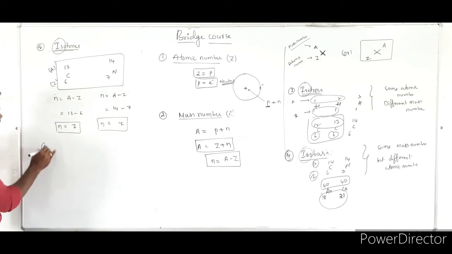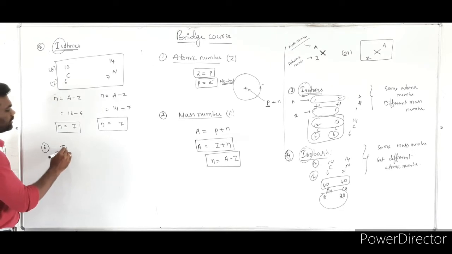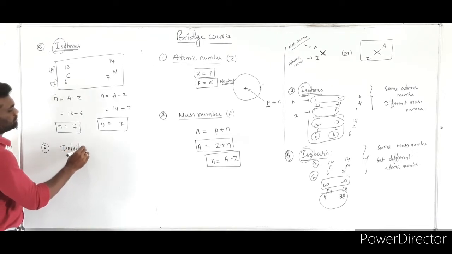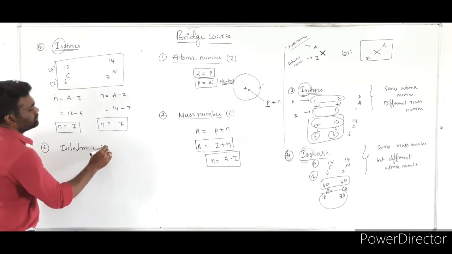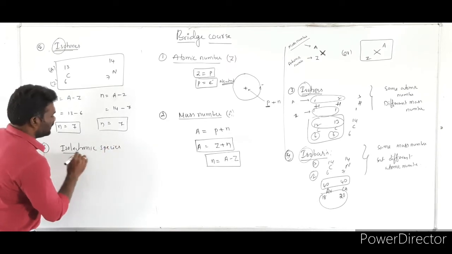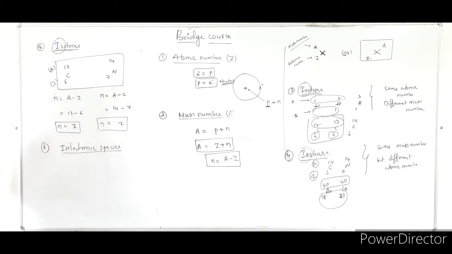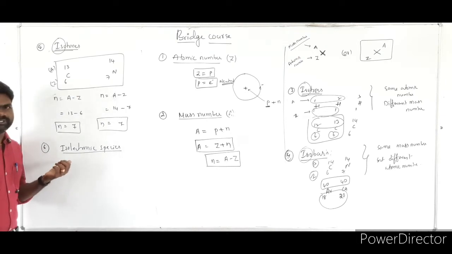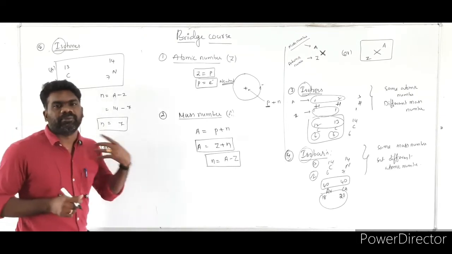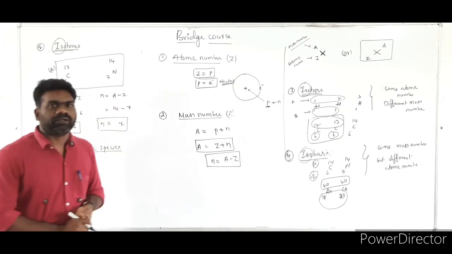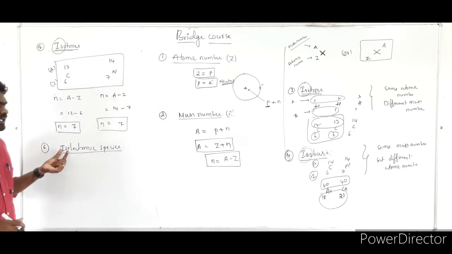So remember, the number of neutrons is 7. Sorry, the sixth one: isoelectronic species. Isoelectronic species are species, an element or ion, which have the same number of electrons. If the number of electrons is the same, we call them isoelectronic.